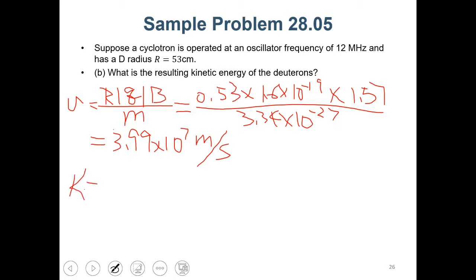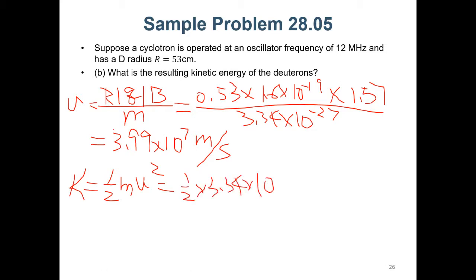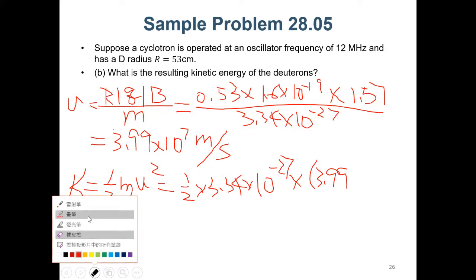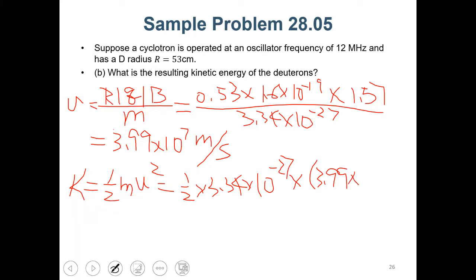So for the kinetic energy, 1/2 mv squared. So it's something like 1/2 times 3.34 times 10 to the minus 27 times 3.99 times 10 to the 7 squared.